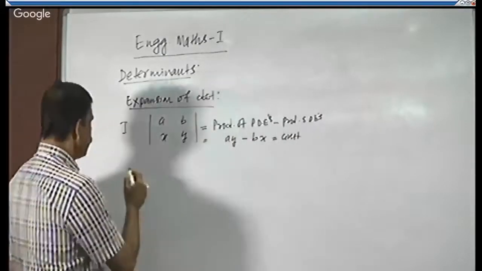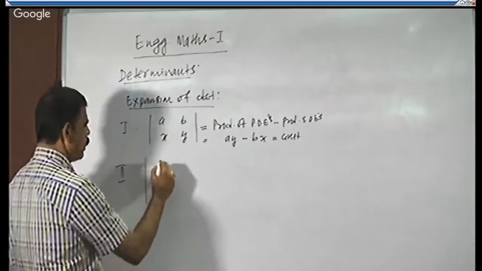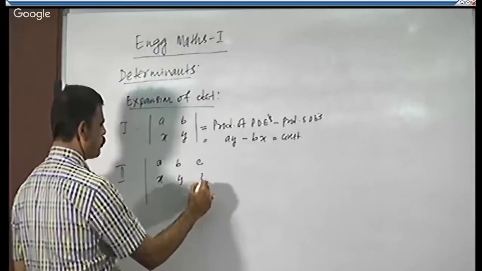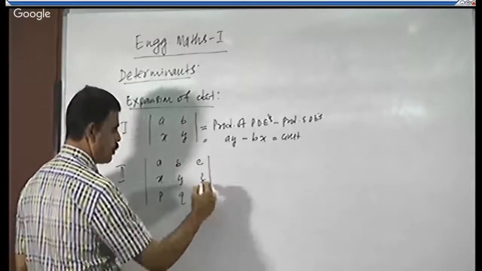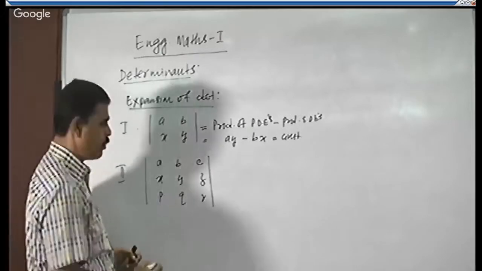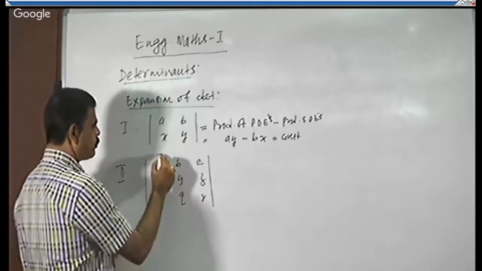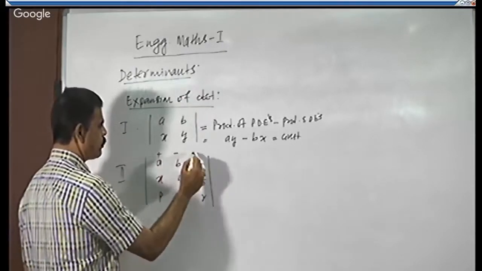This is the expansion of second order determinant. Let us take a third order determinant: a, b, c, x, y, z, p, q, r. To expand this determinant, you put the standard signs over the first row: plus, minus, plus.